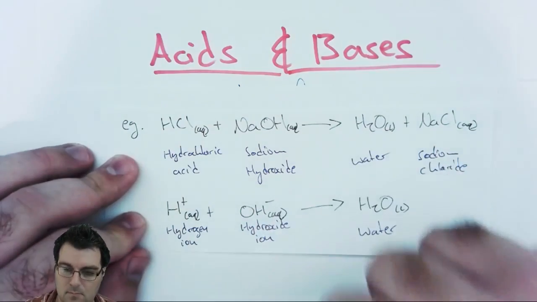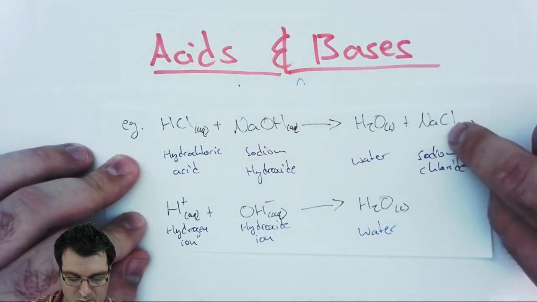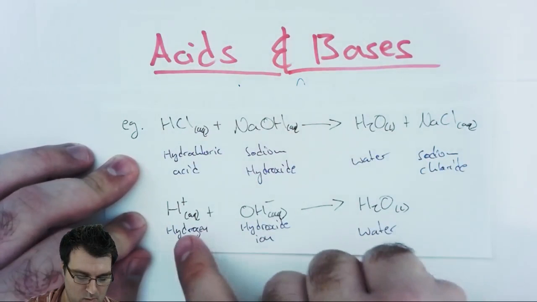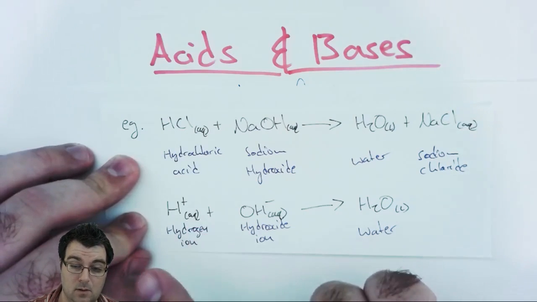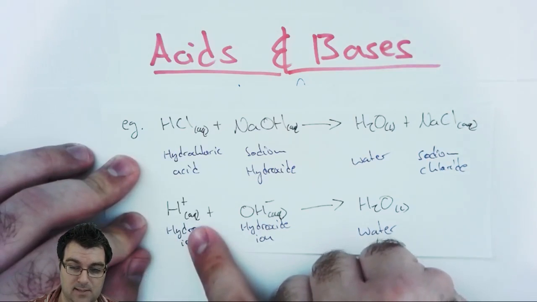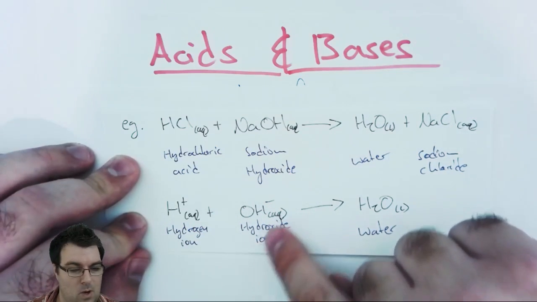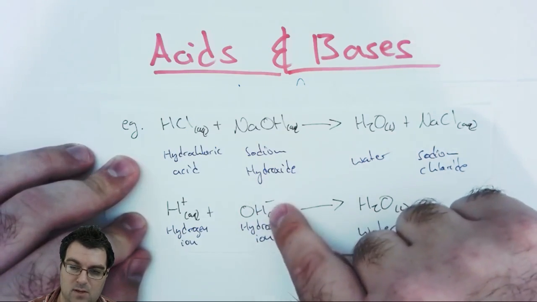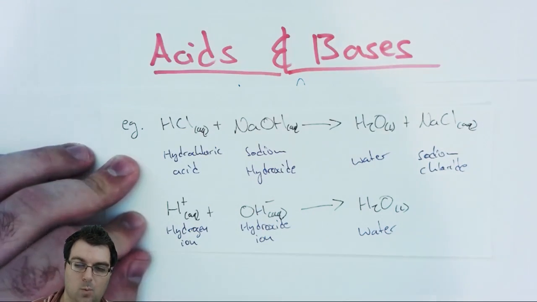Now, what's actually happening here, if we take the spectators out, which is what the sodium chloride actually is, because they don't actually change at all, we have our donated hydrogen ion in solution from our hydrochloric acid reacting with our hydroxide ion that has gone into solution when the sodium hydroxide has ionized, to form our water molecule.